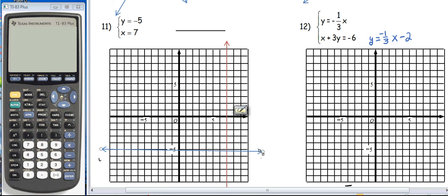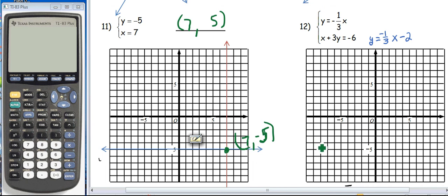Oh, let me straighten that out. And the point where they intersect, we're not going to be able to do this on our calculator. The point where they intersect is right here. And what is that point? It is 7, -5. Be sure to put in your parentheses.